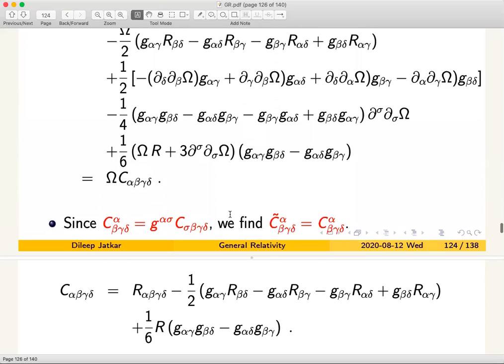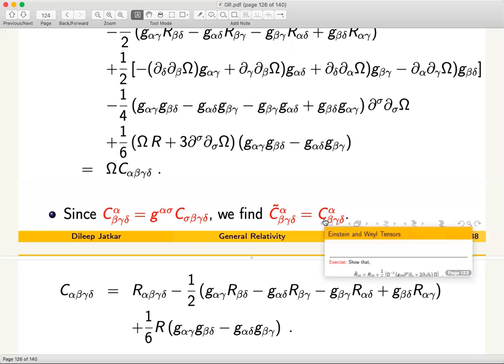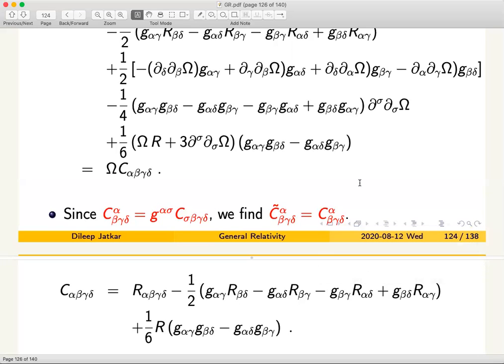So all we need to do is define a Weyl tensor with one contravariant index by contracting it with the inverse metric. Now the inverse metric, of course, transforms under local rescaling as omega inverse, which takes care of this omega, and therefore we recover the result that C tilde alpha beta gamma delta is the same as C alpha beta gamma delta. So if you do a local rescaling of the metric, then the Weyl tensor is invariant under that.